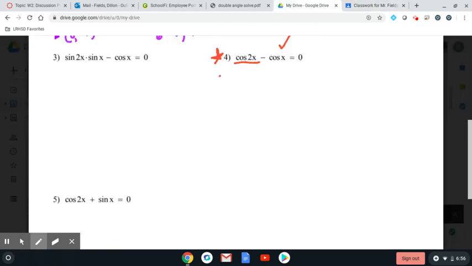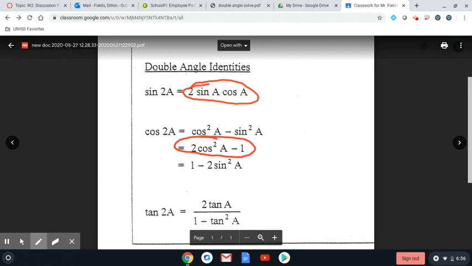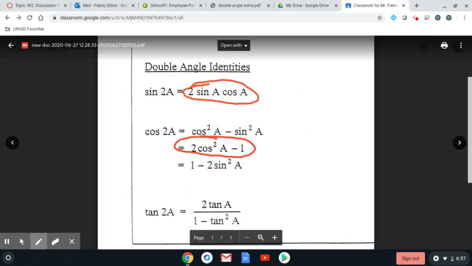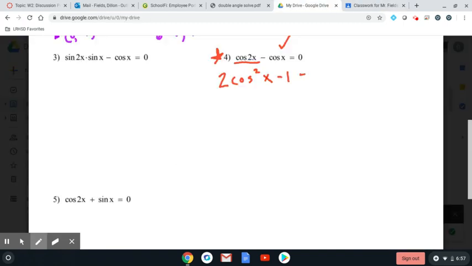So when I plug that second statement in there, I'm going to have 2 times cosine squared x minus 1, and then I'm going to have my minus cosine x, and that's going to be equal to 0. Now when you get to this point, you have 3 terms going on, and I'll underline these in blue.